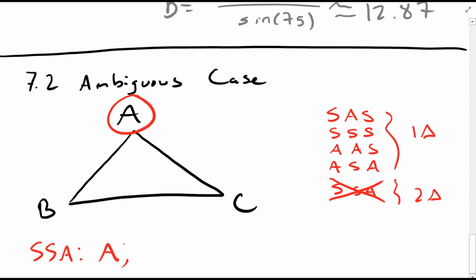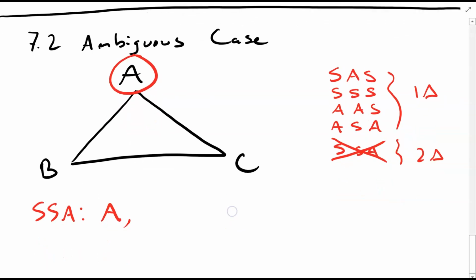So you're given angle A. What 2 side lengths could you be given? So you could have AB and BC, or you could have AC and BC.